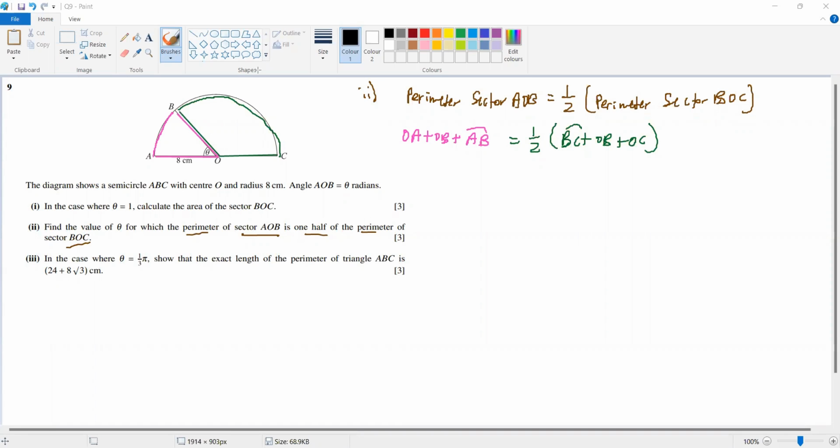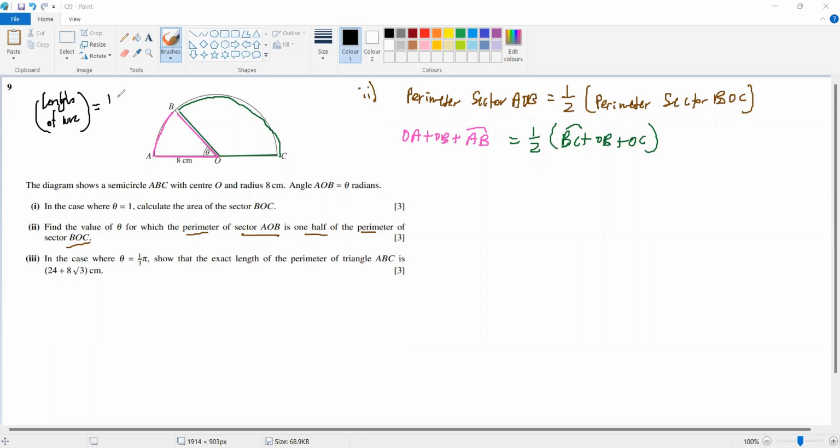Length of arc, so we normally denote it like that. And therefore now we can calculate using the length of arc formula, which is only for the AB and the BC part. So length of arc is what? Half r theta, isn't it? Sorry, there's no half.